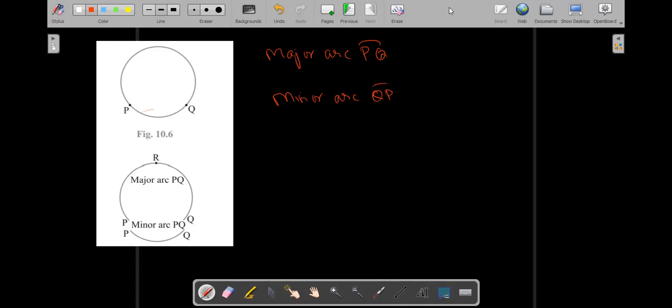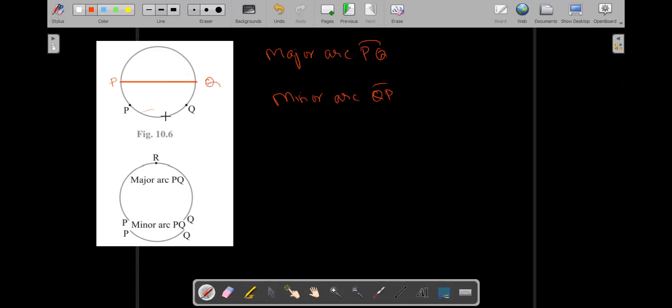Points can be anywhere. Then there is a condition: suppose P comes here and Q comes on the diameter. These 2 points are on the diameter of the circle. Then how can you say major and minor arc?